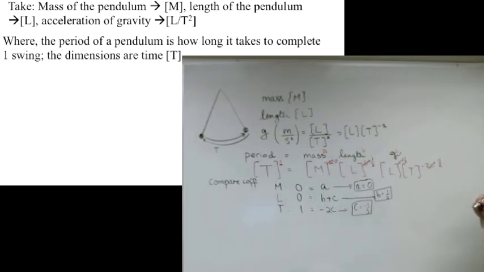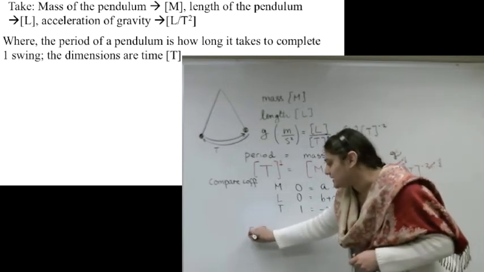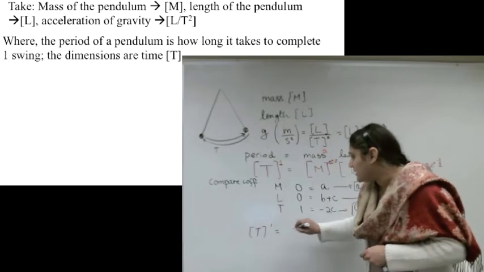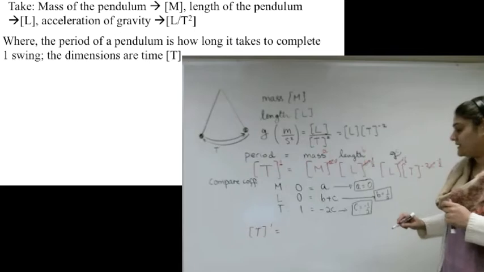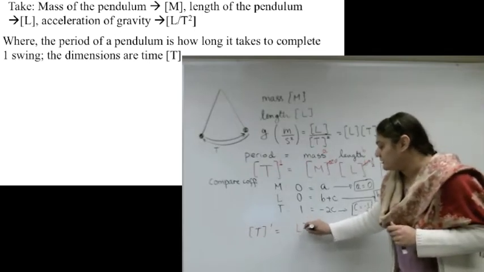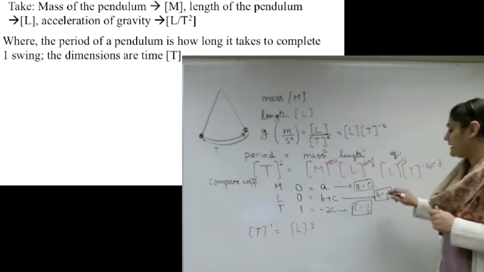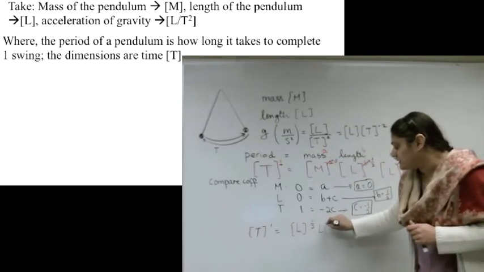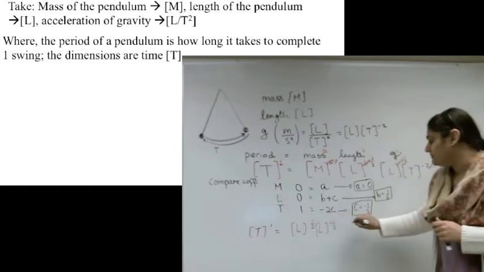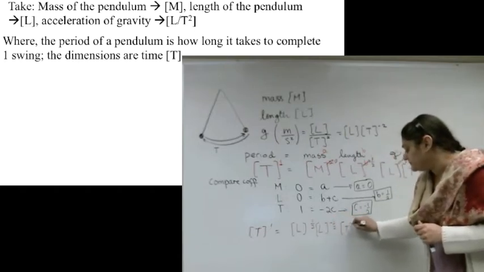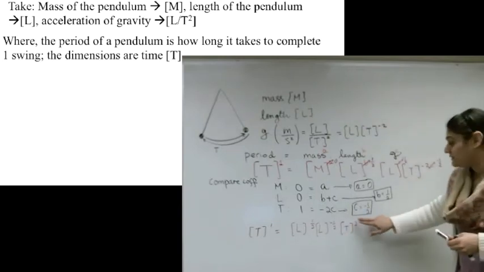Okay? So my upper expression now reduces down to t to the power 1, which is equals to nothing, because m to the power 0 is nothing. And I have an L to the power a half and an L to the power of minus a half and a T. Oh, actually, no squared.